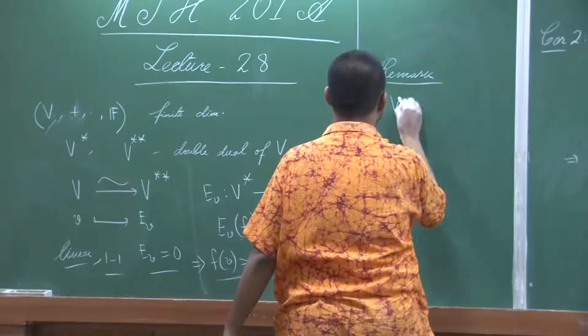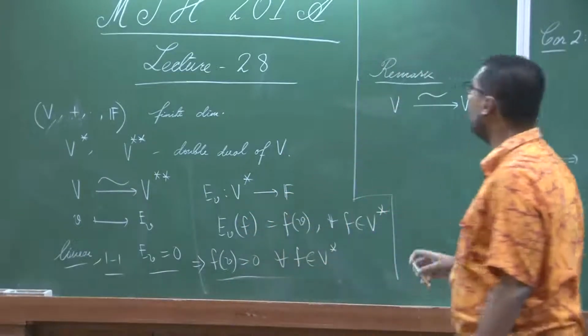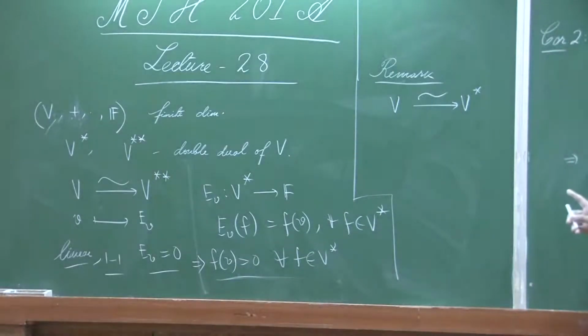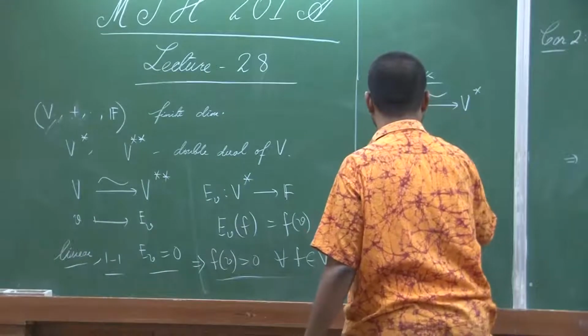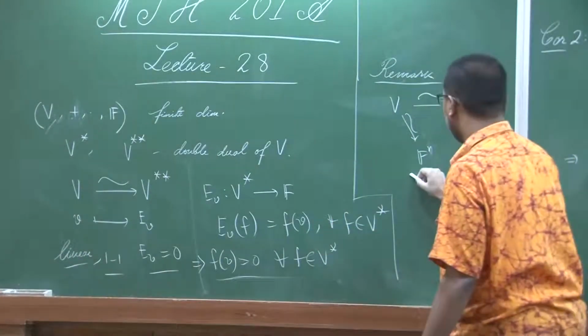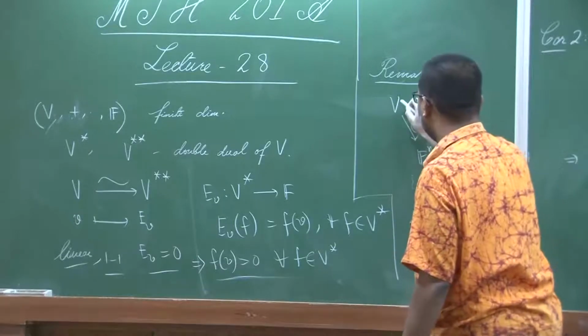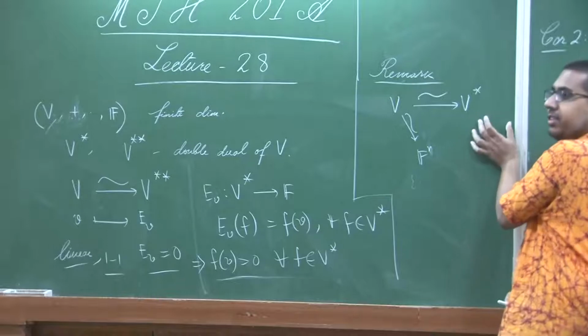Try to understand, when we established that V is isomorphic to V star, how did we do that? We fix an ordered basis, then we saw this is isomorphic to this, okay. Then corresponding to the ordered basis, we construct a dual basis for that.